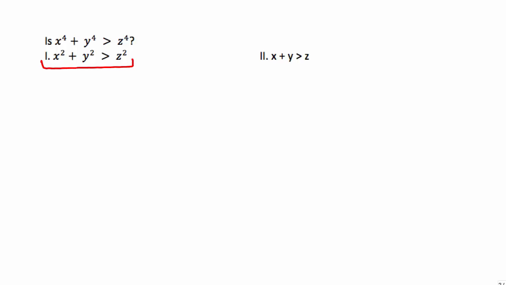Directly go to the statement and try to figure out which statement you will assume here, in the format of x square plus y square is greater than z square.